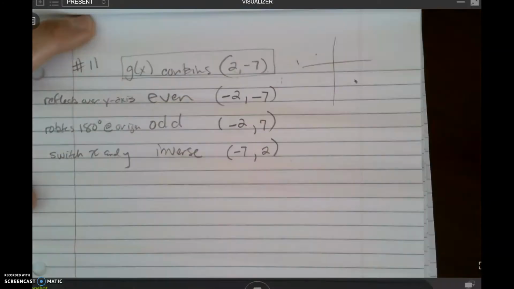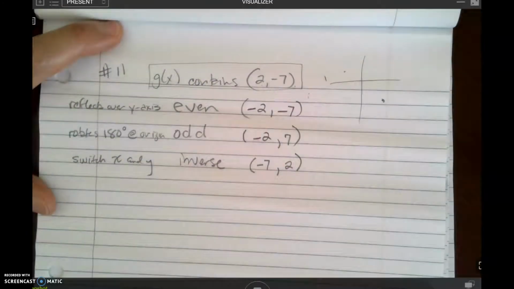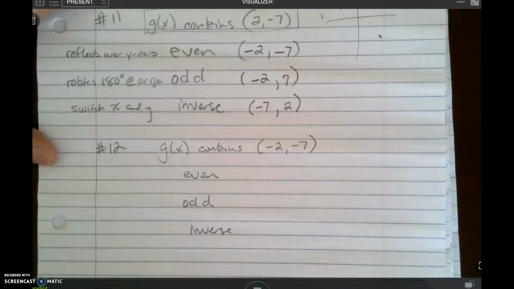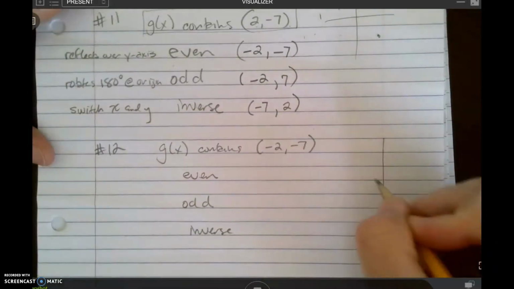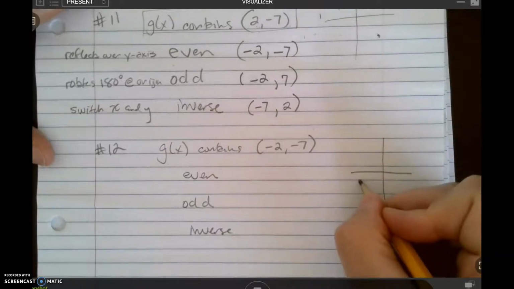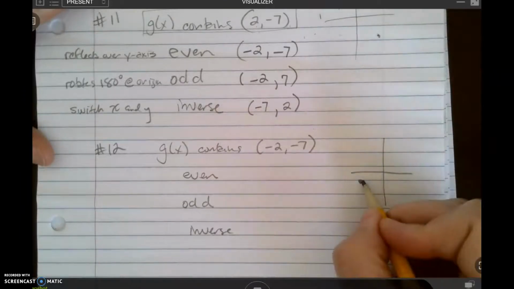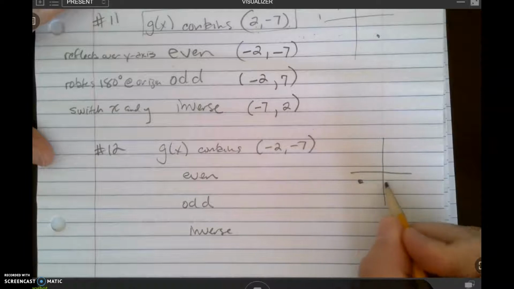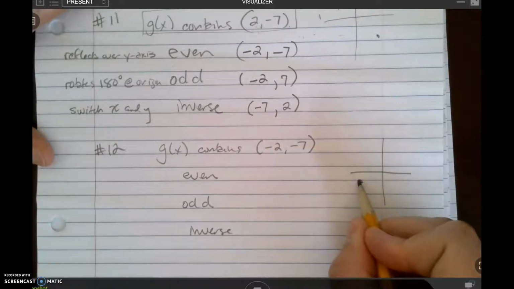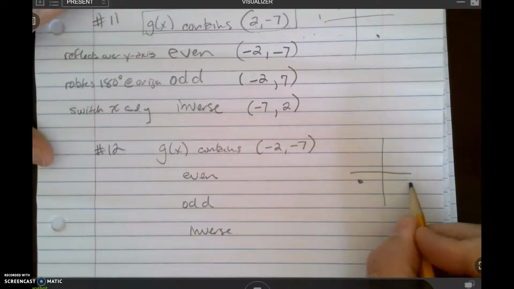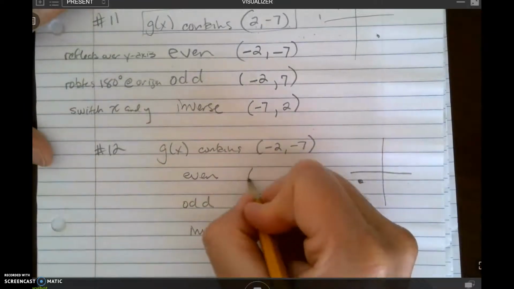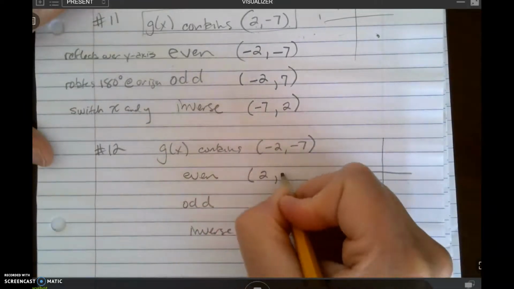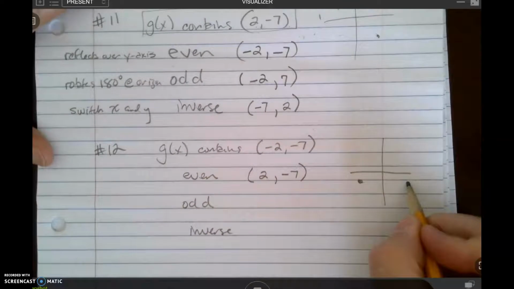Number 12, we're going to do a similar type problem. So for number 12, we have (negative 2, negative 7), which would be over here in this quadrant. Even, again, I reflect over the y-axis, so my x-coordinate changes, but my y stays the same. So it becomes (positive 2, negative 7), because it would move over to here.